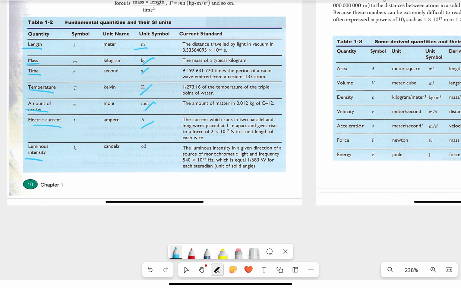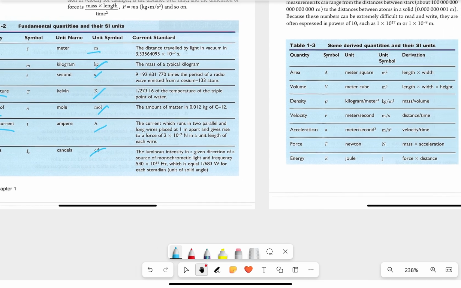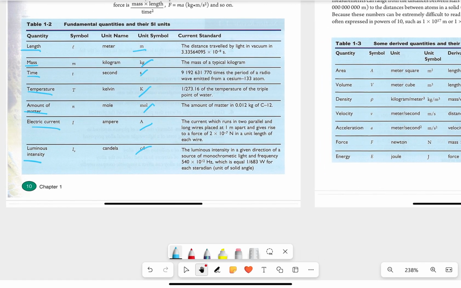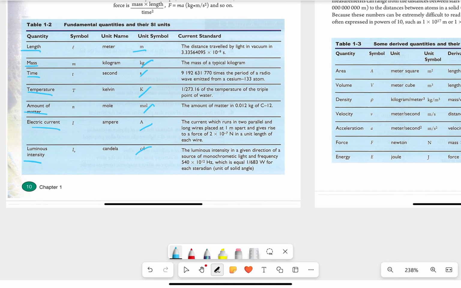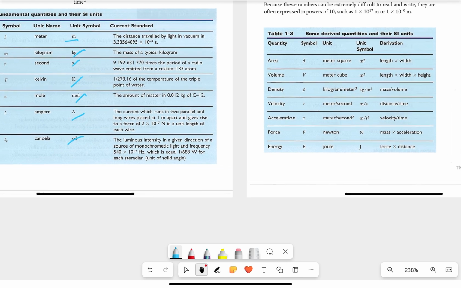Then you have electric current, which is ampere, capital A. Then you have luminous intensity, which is candela. You should memorize all of these fundamental quantities and their SI units. And it is important to note that other quantities are just a combination of all of these units, okay?